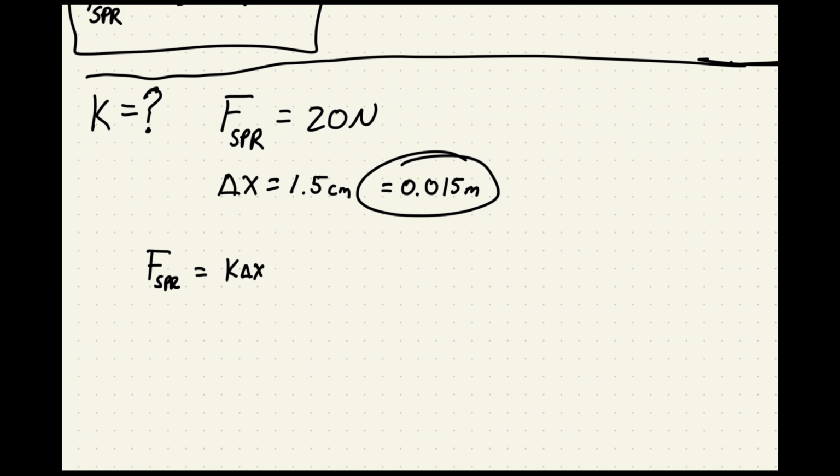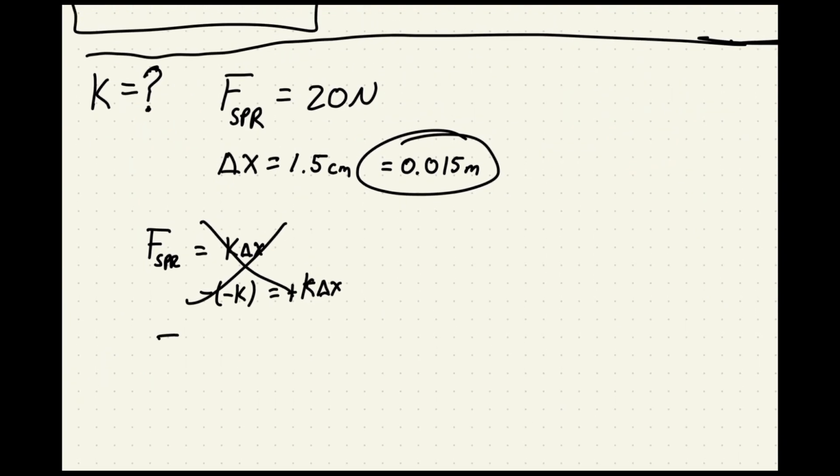If I stretch a spring, I'm not going to get a positive force back, and that would happen if I had a negative k value. That would tell me that if I stretch my spring, my spring is going to push outwards, and that's not something that happens. So we'll just use our simple case of F spring is equal to k times delta x.